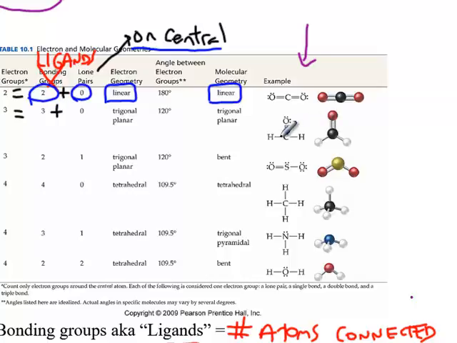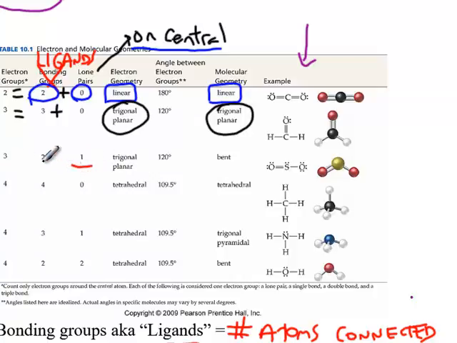Ligands is how many atoms, and that's a total of 3, 0 lone pairs. So the electrons are arranged in a trigonal planar arrangement, which is also the same name for the atoms. The only time that the electron geometry and the molecular geometry are different is when you have lone pairs.